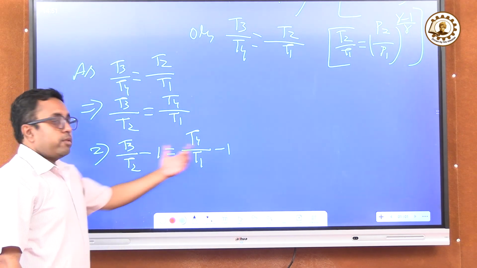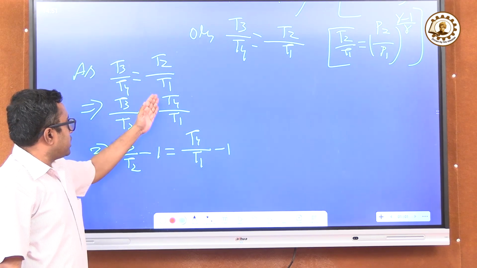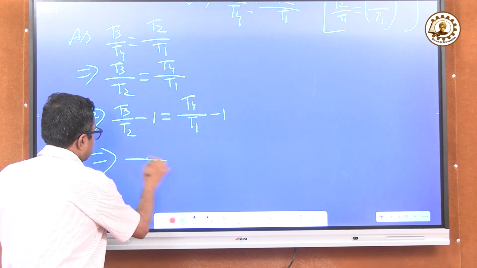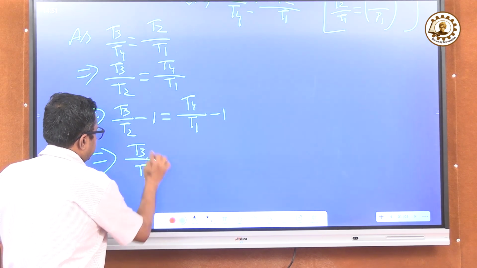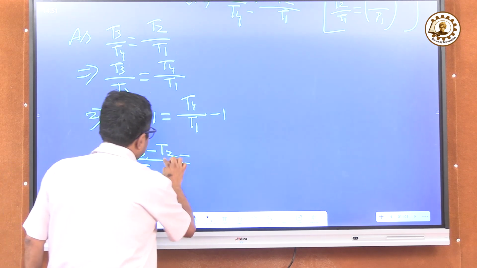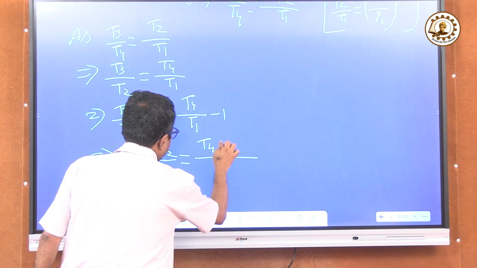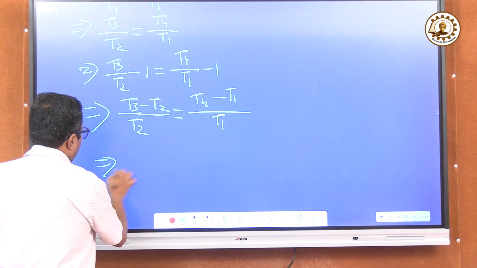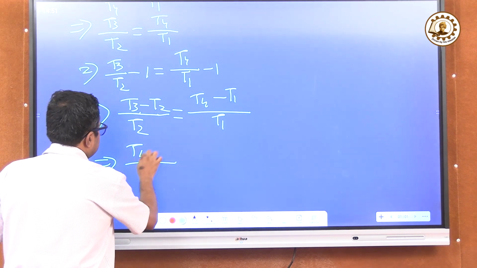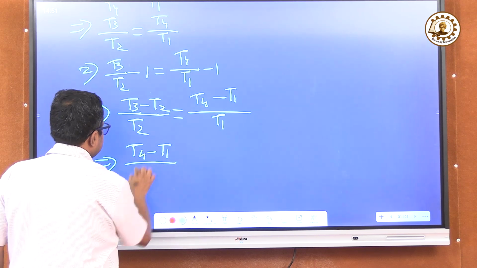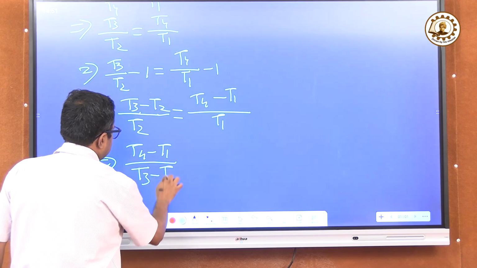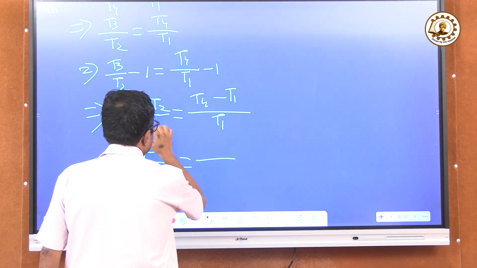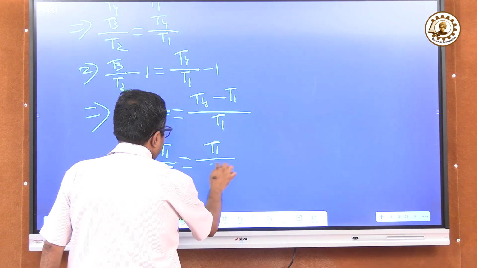We subtract 1 on both sides, so there is no change in the value. Now we come to (T3 minus T2) by T2 is equal to (T4 minus T1) by T1, or we can write T4 minus T1 is nothing but (T3 minus T2) times T1 by T2.